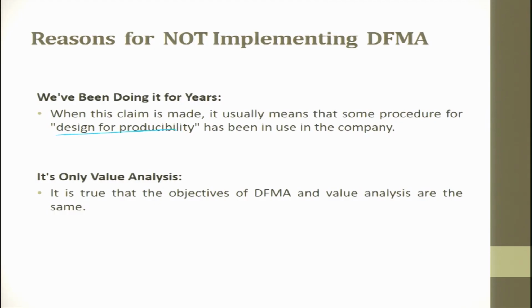Okay. Design for producibility is used in the company. It's only value analysis. It is true that the objective of DFMA and value analysis are the same. So, this also puts a restriction on implementing DFMA.